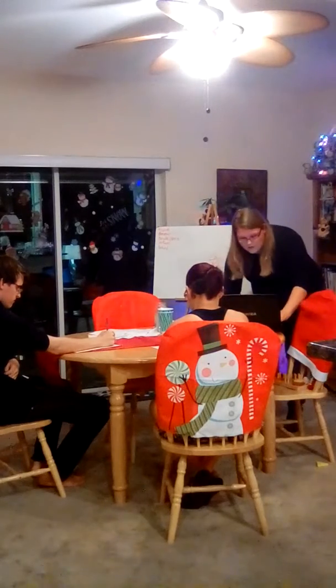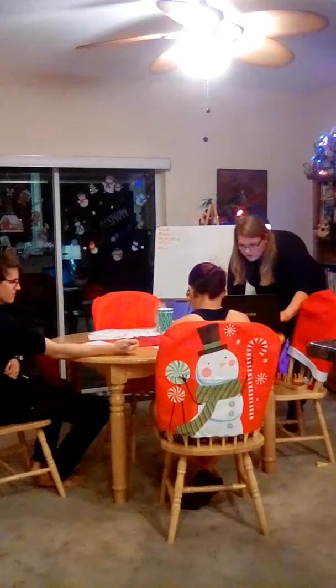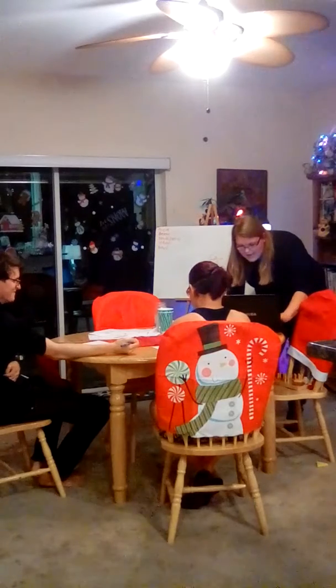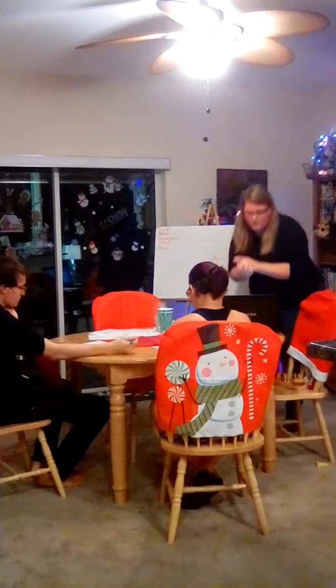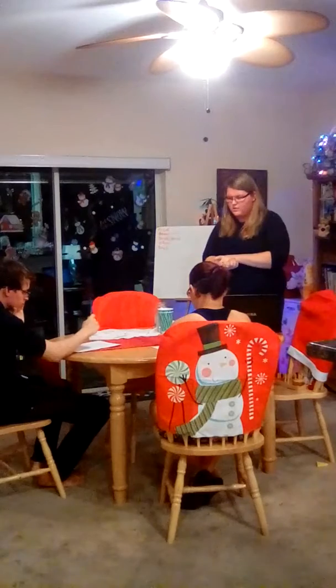Okay, so for number 1, oops, sorry. I want you to make an X on the shape that's below the circle. So find the circle and then look below it.